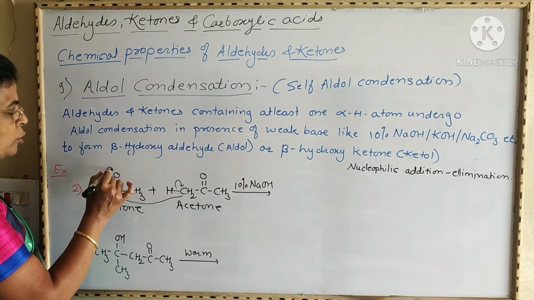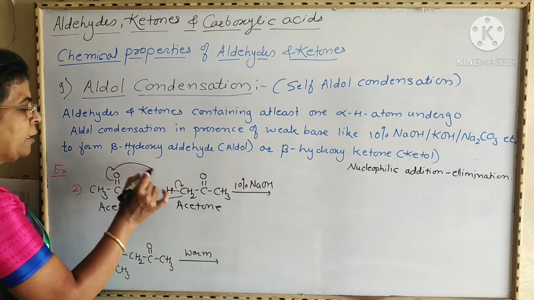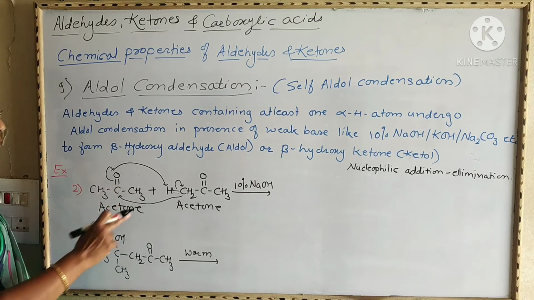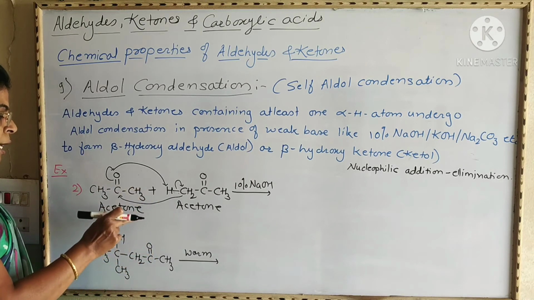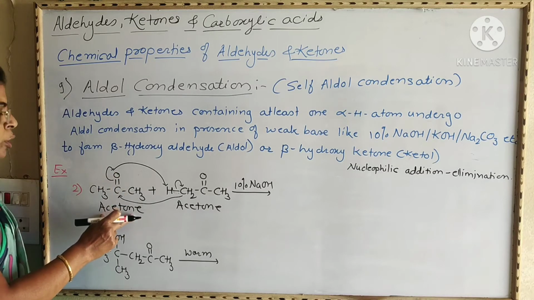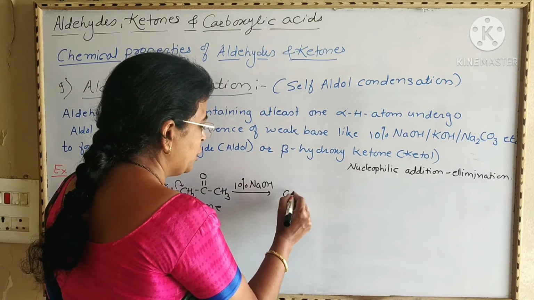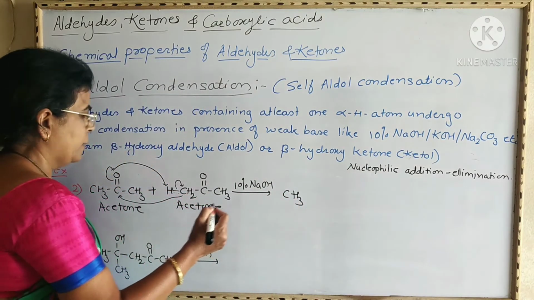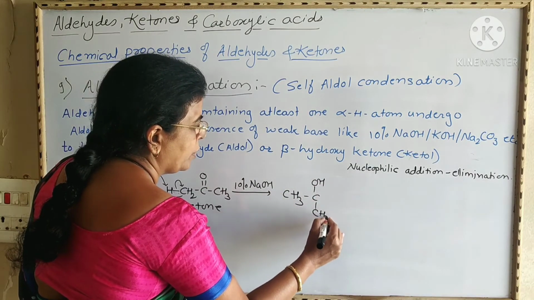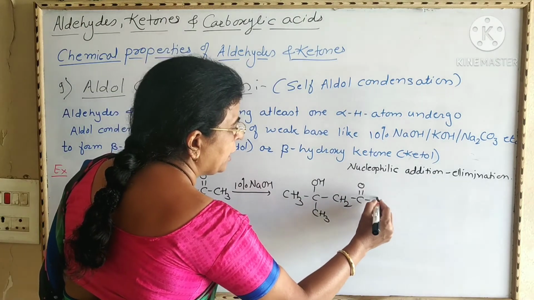Then the pi electrons of the carbonyl group shift onto the oxygen atom, and this oxygen atom gets attached to this hydrogen atom. Here first addition of the second molecule of acetone takes place across the carbonyl group of the first acetone molecule. That is, this is an addition reaction, and here CH3 C(OH)(CH3) CH2 C double bond O CH3 is formed.